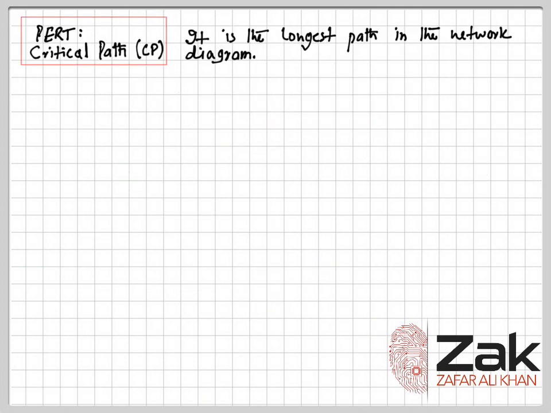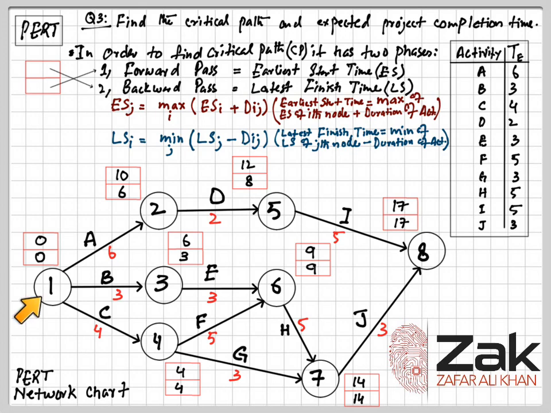So now for the critical path, you need to understand that all the paths which are going from the first node to the second last node, whatever the route that you take, could be 1 2 5 8, it could be 1 3 6 7 8, it could be 1 4 6 7 8, it could be 1 4 7 8. You might take the one that is the longest route.